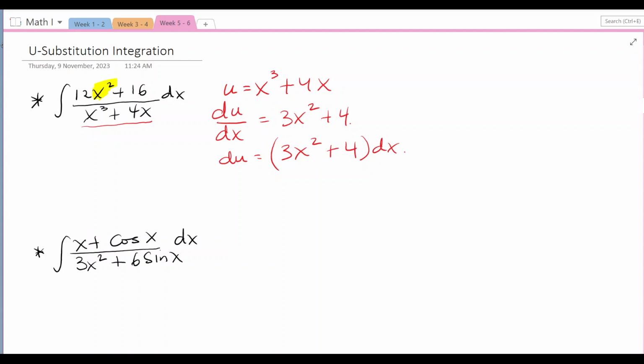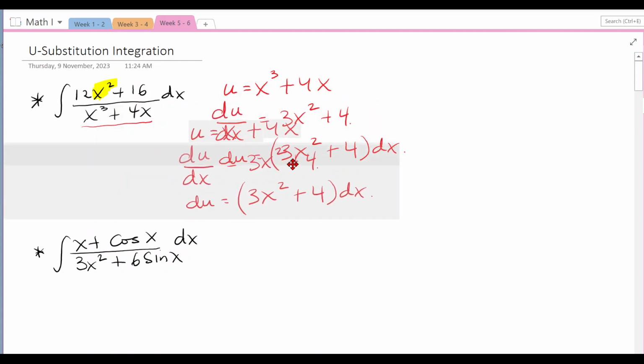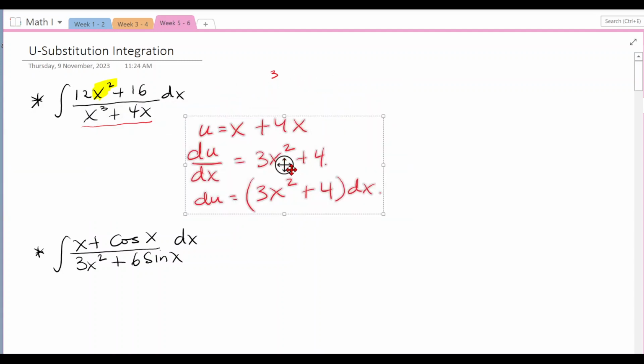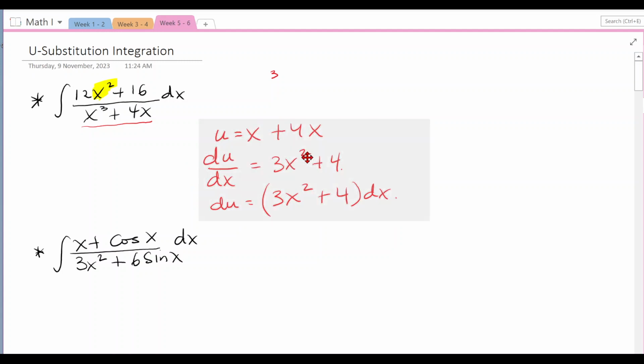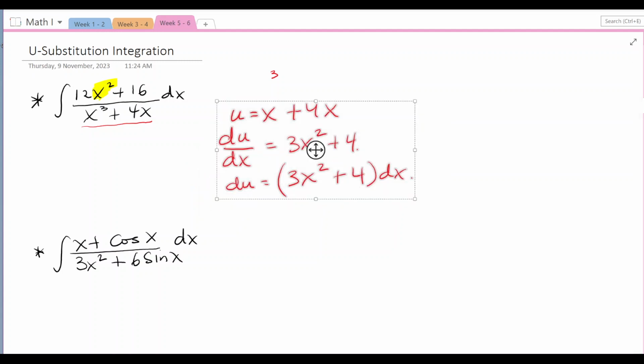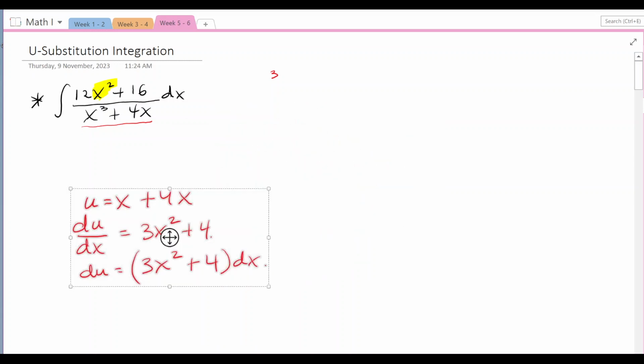Let me just move this part somewhere in the bottom here, or create a little bit more space.